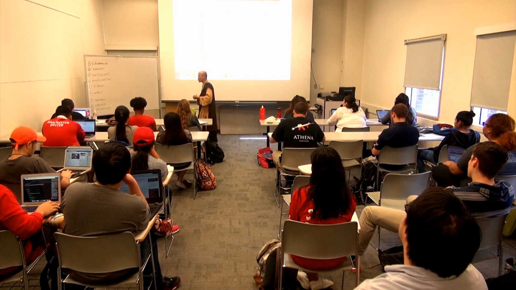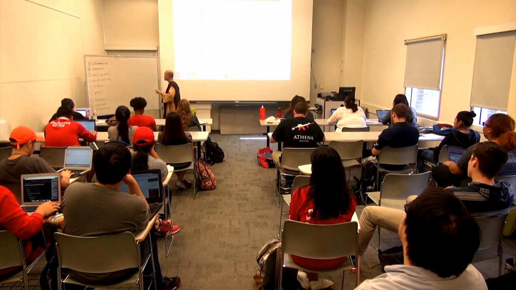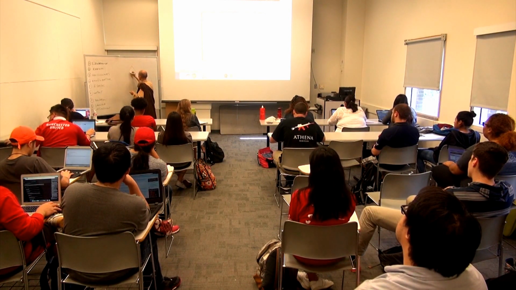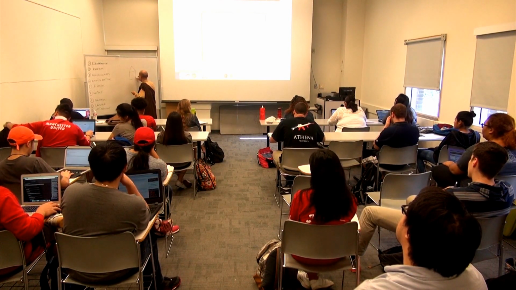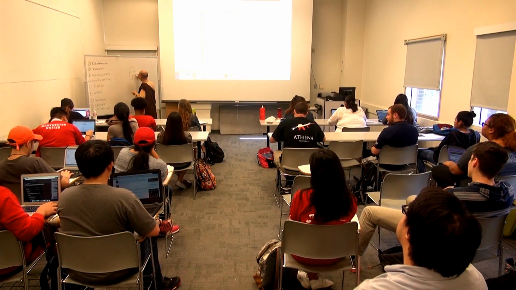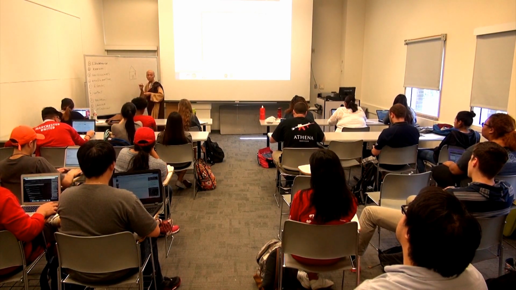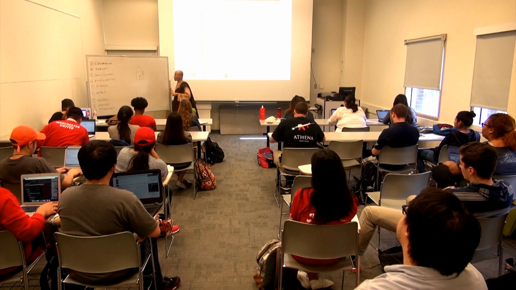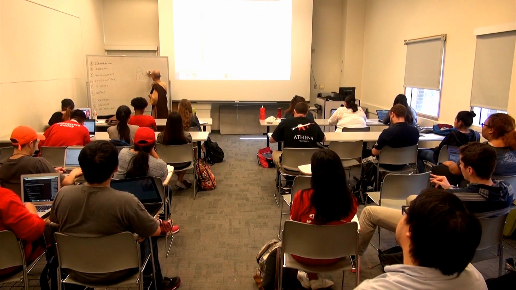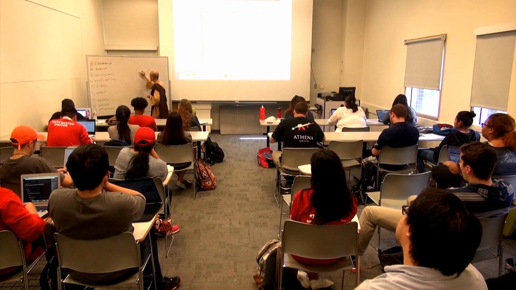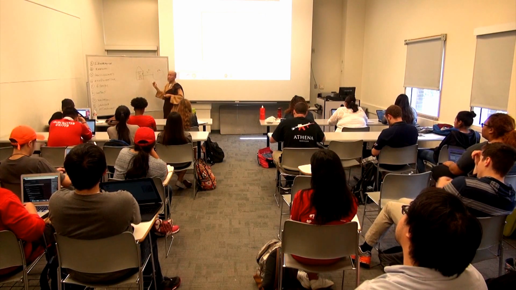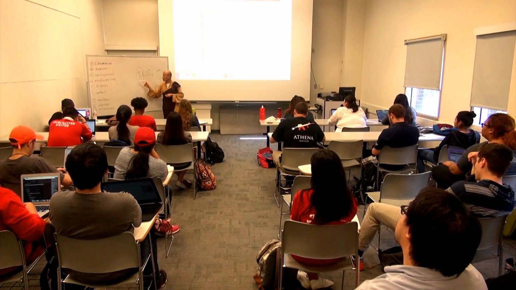Let me explain to you here. It's like a house. The house has a window and a door. Okay, can you see? Now, this is a simple explanation for you to understand.